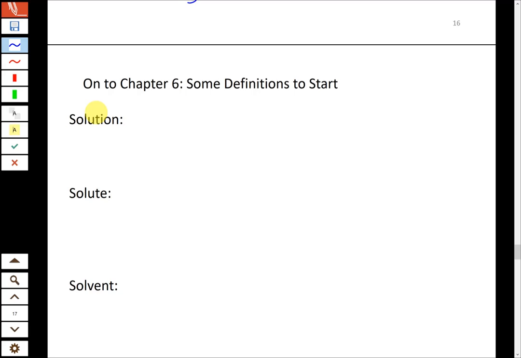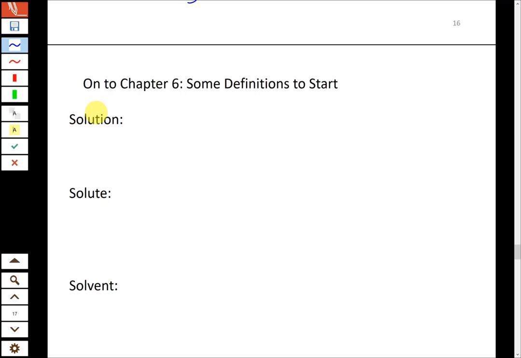Okay, so chapter 6 is all about chemical reactions again, but it's chemical reactions that happen in a solution, which means that your reactants and products, or at least some of them, are dissolved in a liquid of some sort. So we have to get some definitions related to that as well.